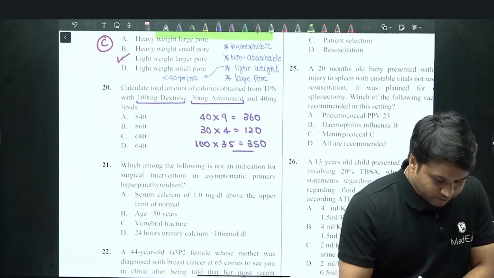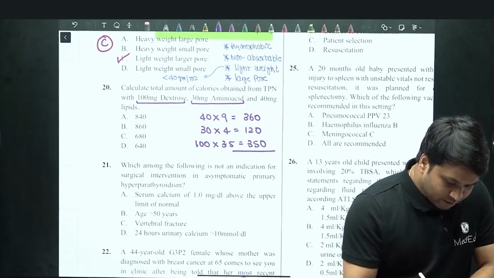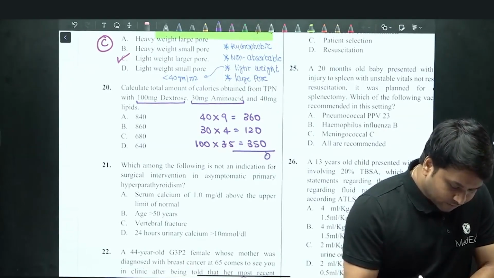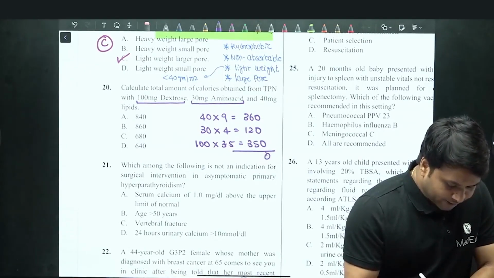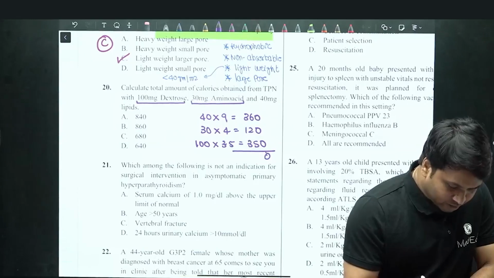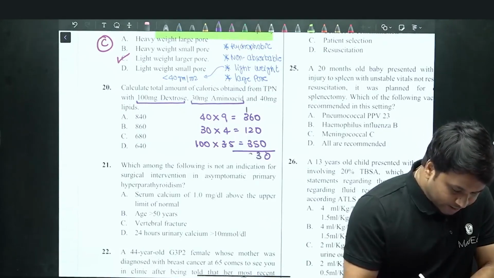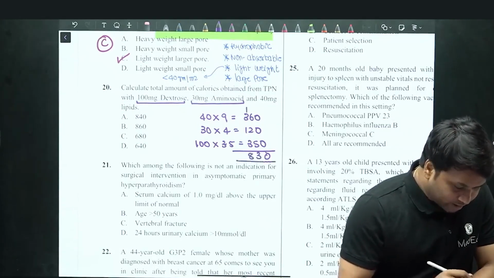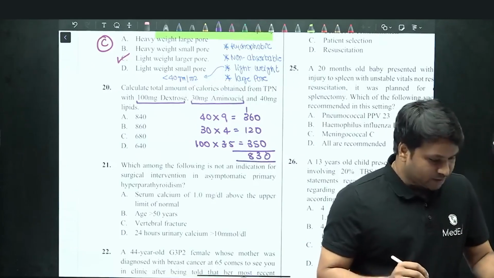So how much will it be? So 3 zeros are here. 5, 6, 8. 8 plus 5 is going to be how much? 8 plus 5, 30. So 830 is what you're getting, right? 830 kilocalories.